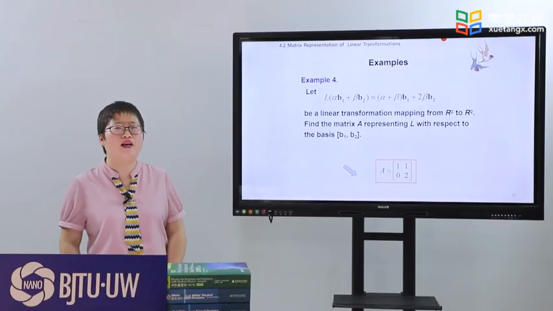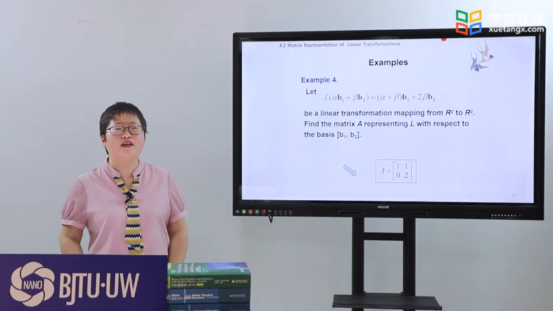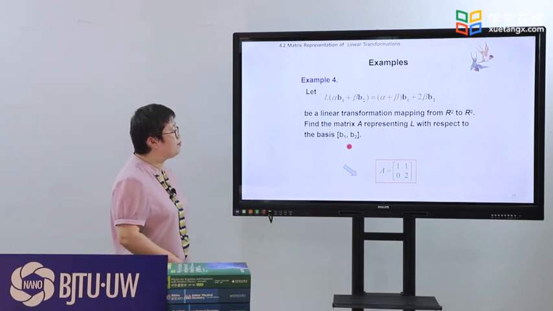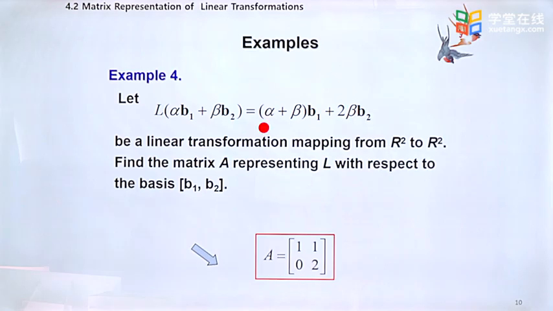So for this example, the original and the mapping vector spaces are the same. They are both R2 space, and they choose the same basis, composed of B1, B2. And the linear transformation is defined in this way.